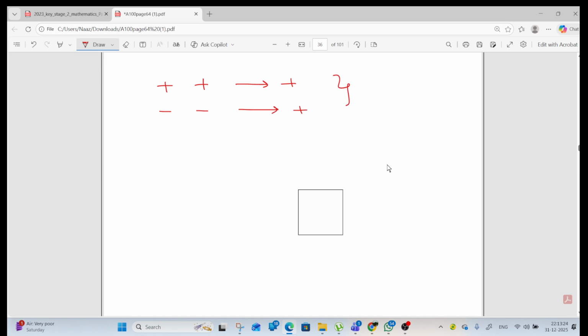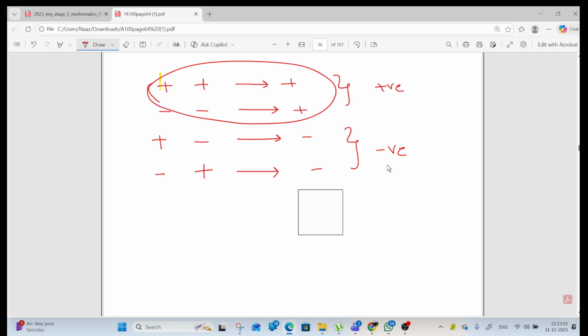So basically when both numbers have the same sign, either positive or negative, we change to positive, right? But if the signs are different, like one is positive and the other is negative, we have to change them into negative. If the first is negative and the second number is positive, then we do minus. So this is for same sign, and this is for different sign, right?